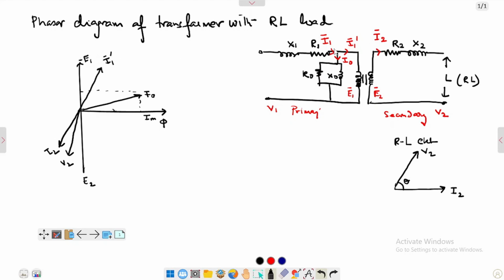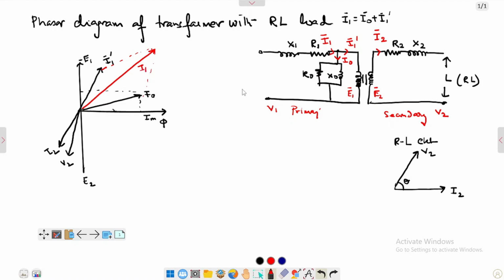Okay, now at this point, I1 is equal to I0 plus I1 prime using my KCL equation. If that is the case, these are two vectors, so to get the overall vector equation, this will be my parallelogram, and this one will lead to my I1.